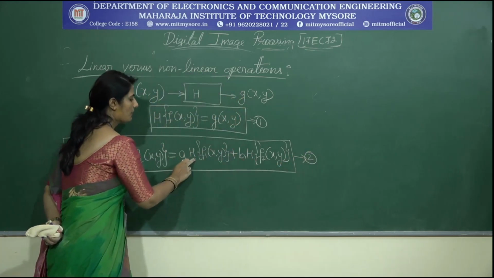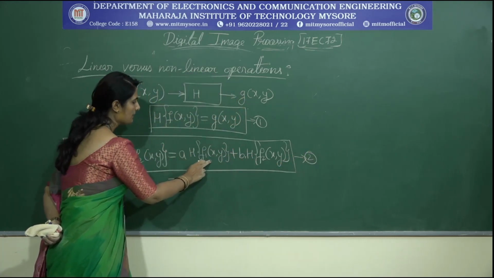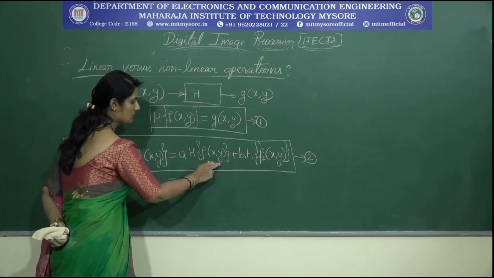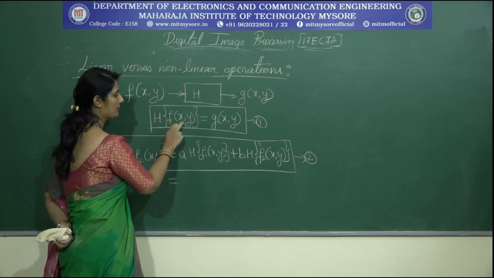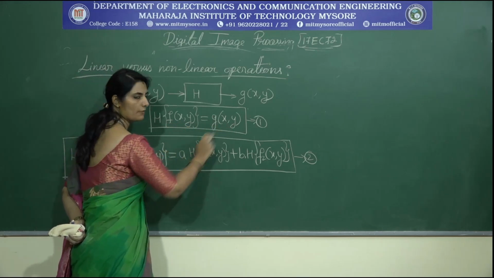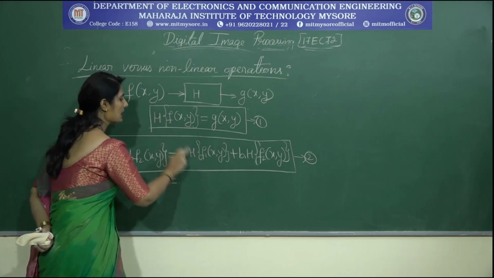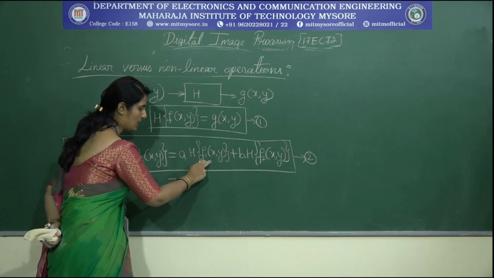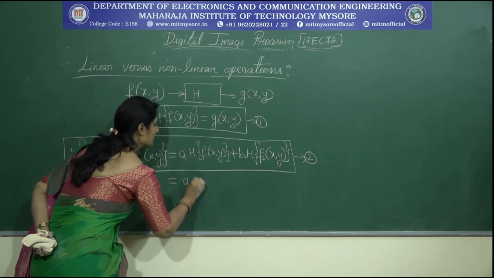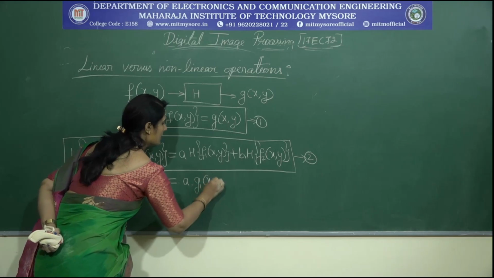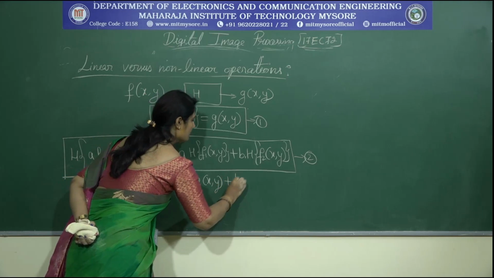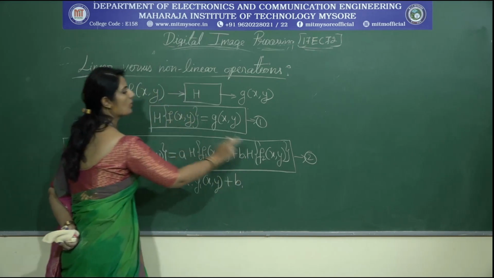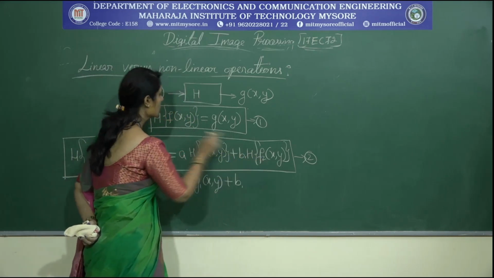So performing some linear operation on the input signal f of x comma y results in g of x comma y. If I perform the same operation on the f1 image, it should result in g1 of x comma y. Now I perform the same operation on the second image, f2.